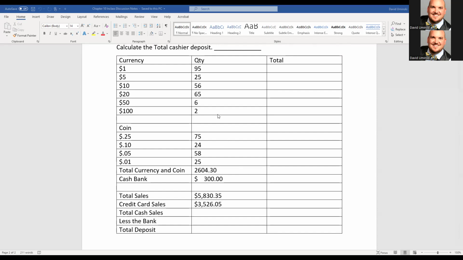Okay. And so we want to multiply each one of these to get our totals. Okay. And then we're going to add them all up to get the total currency in coin. So I can give you a moment to do that.